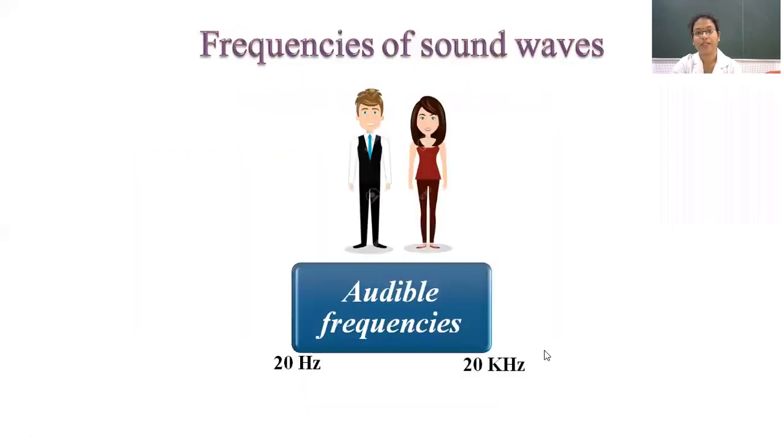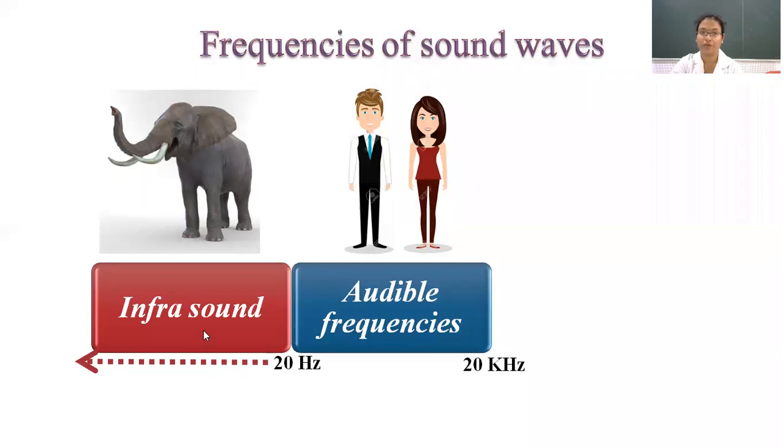Coming to frequency again, the audible frequencies for humans range from 20 hertz to 20 kilohertz, or 20,000 hertz. If the sound has a frequency less than 20 hertz, it is known as infrasound. Animals like elephants are capable of hearing even infrasound.